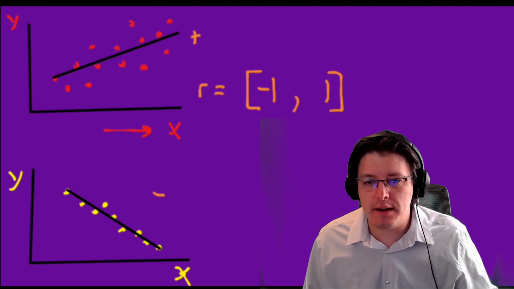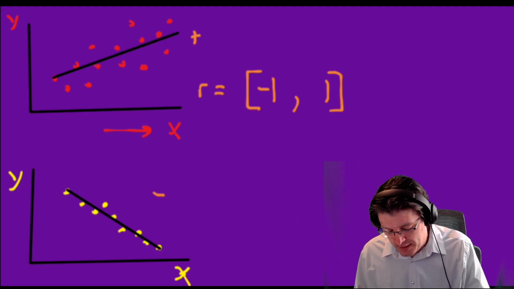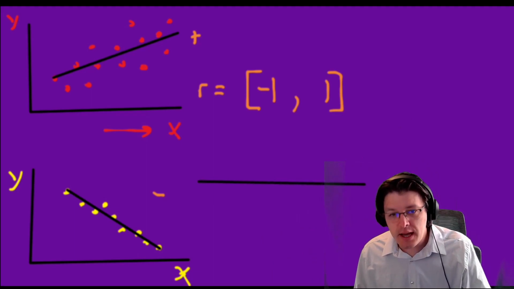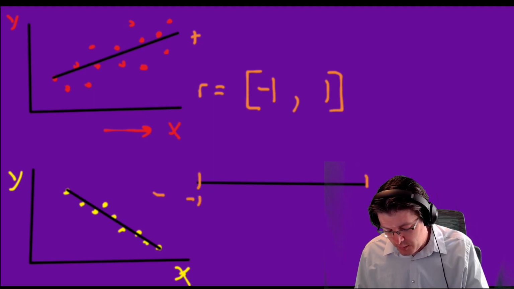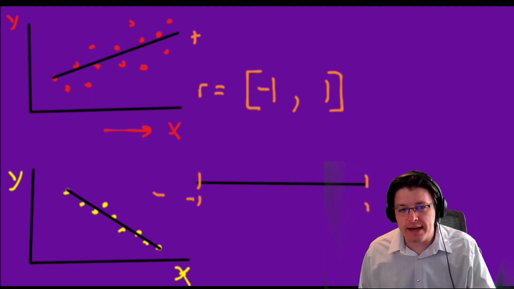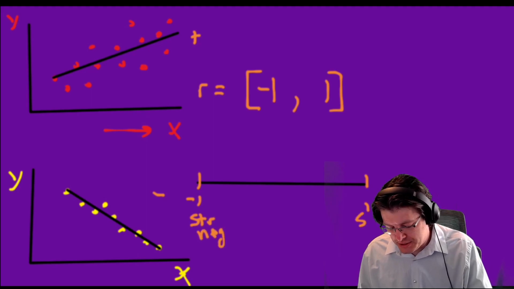It's not a one-directional measure of strength. We can think about it on a number line. We have -1 over here, and we have 1 over on the other side, and both of those are strong correlations. This is strong negative, and this is strong positive.